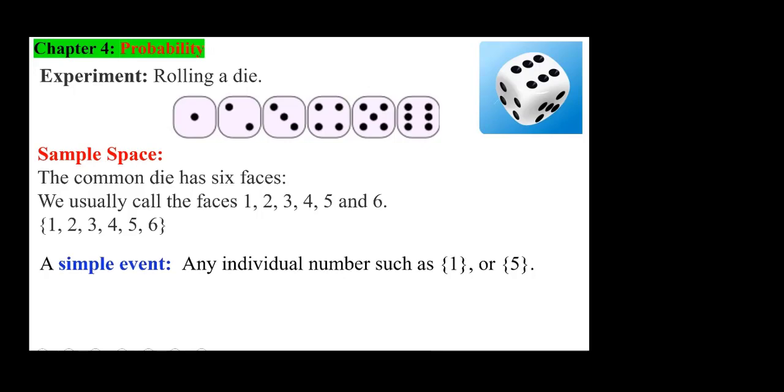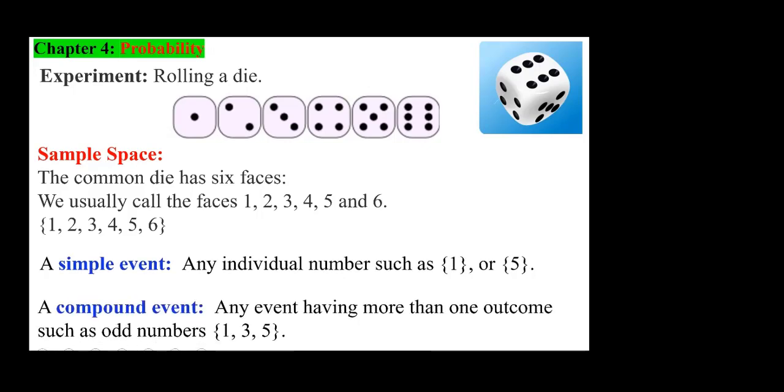A simple event would be an individual number such as 1, 5, you name it. A compound event would be any event having more than one outcome. An example, if you are interested in getting odd numbers, that would be 1, 3, 5, and that's an example of a compound event.